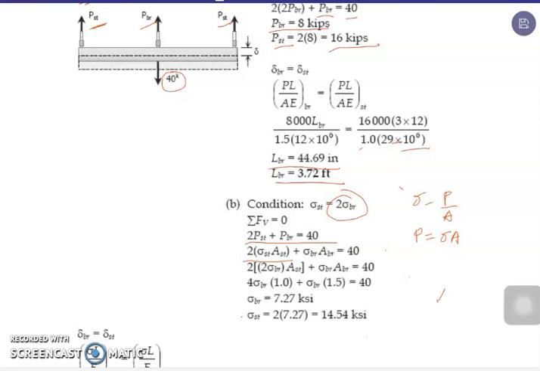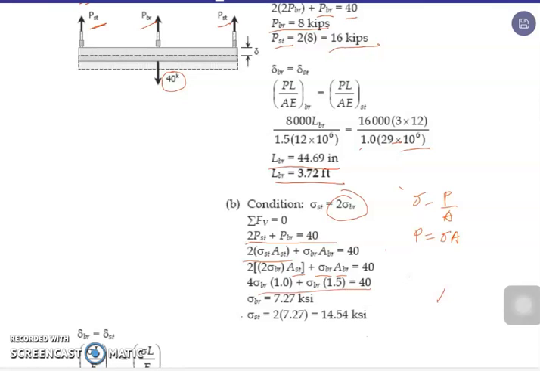So therefore, substituting the condition that the stress on the steel is twice the stress on the bronze, we have here 2 times 2 times the stress on the bronze times the area of the steel plus the stress on the bronze times the area of the bronze is equal to 40. Substituting the area for the steel and the area of the bronze, we have now the equation.